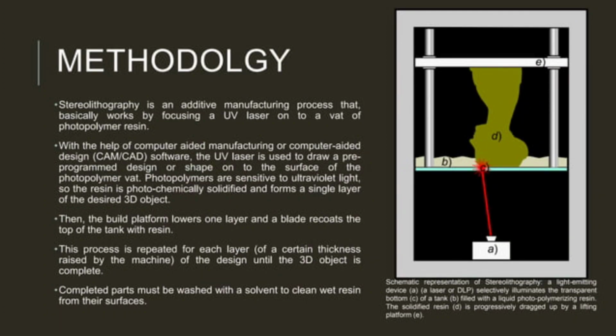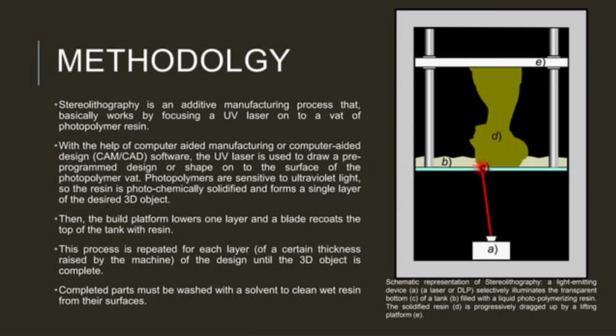Methodology: stereolithography is an additive manufacturing process that basically works by focusing a UV laser on a vat of photopolymer resin. With the help of computer aided manufacturing or CAD software, the UV laser is used to draw a pre-programmed design or shape on the surface of the photopolymer vat.